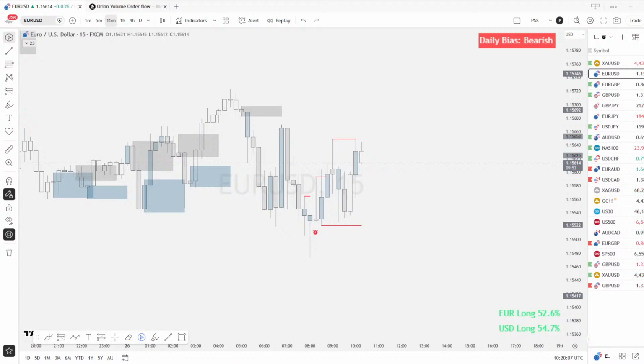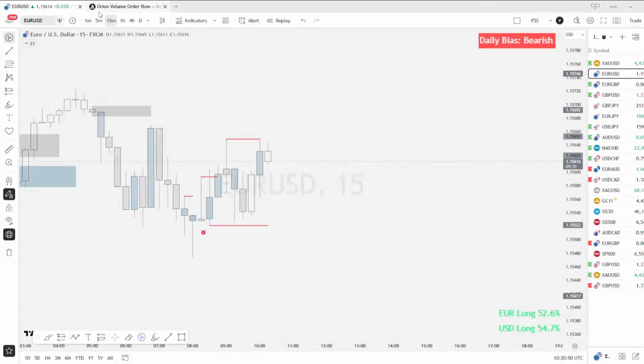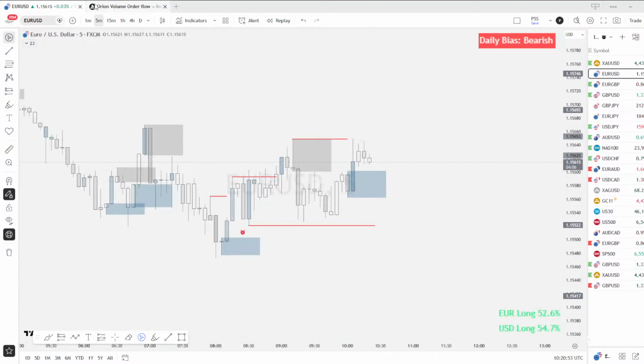Okay, let's see. Okay, so we're still just waiting for confirmation of these directional movements.